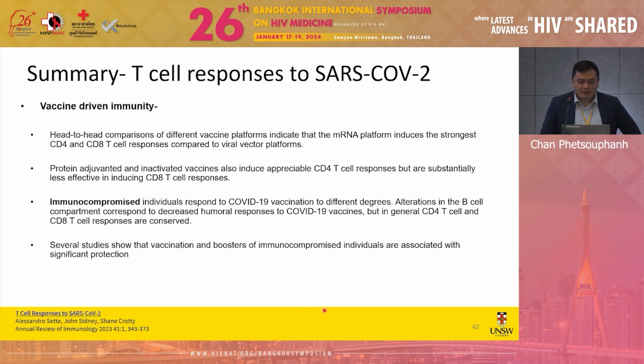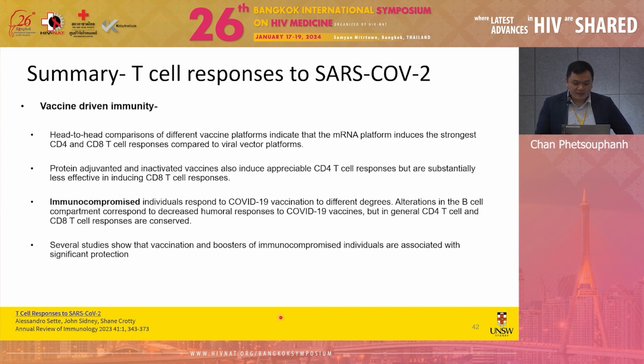And immunocompromised individuals can respond to COVID-19 vaccination, but to different degrees. Alterations in B-cell compartments correspond to a decrease in humoral and antibody response. But in general, CD4 and CD8 T-cell responses are maintained and conserved.